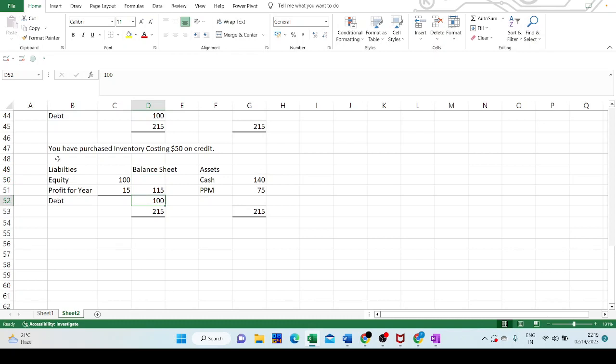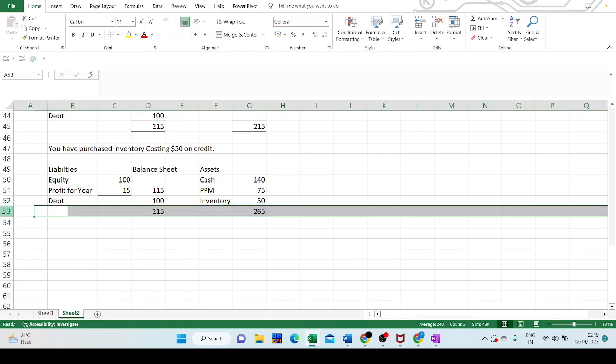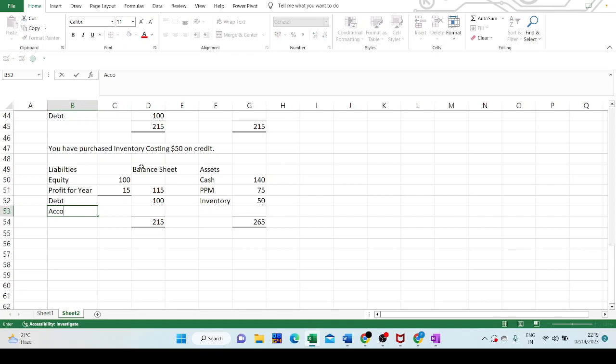Since I have purchased inventory at $50, I will report inventory at cost in my balance sheet. And guys, I will record accounts payable. What is accounts payable?